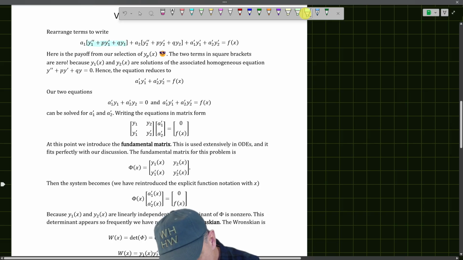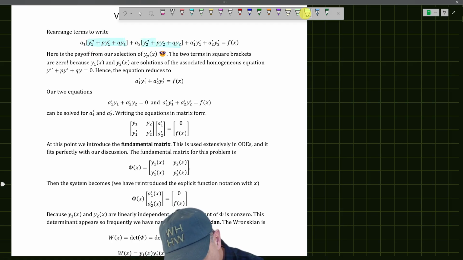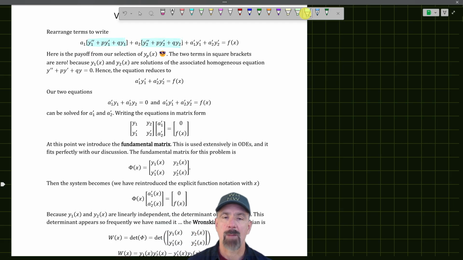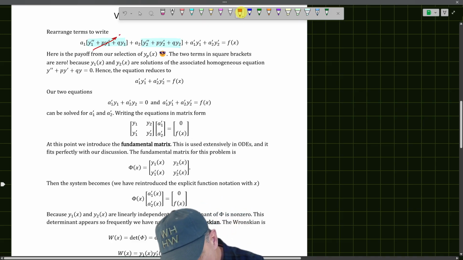This item here and this item here are actually nothing more than the application of our solutions to the homogeneous equation. And what we see is these are both 0.